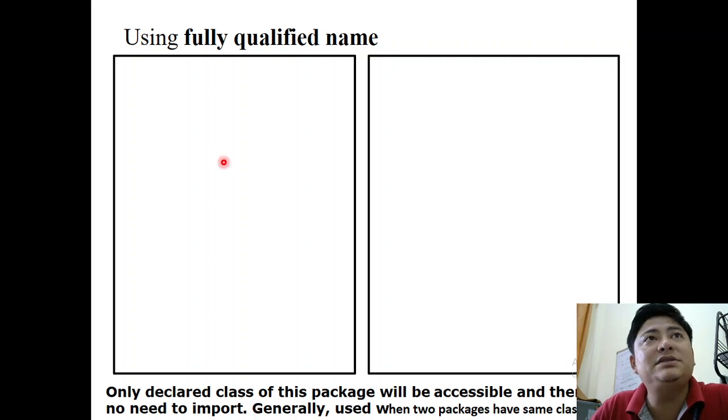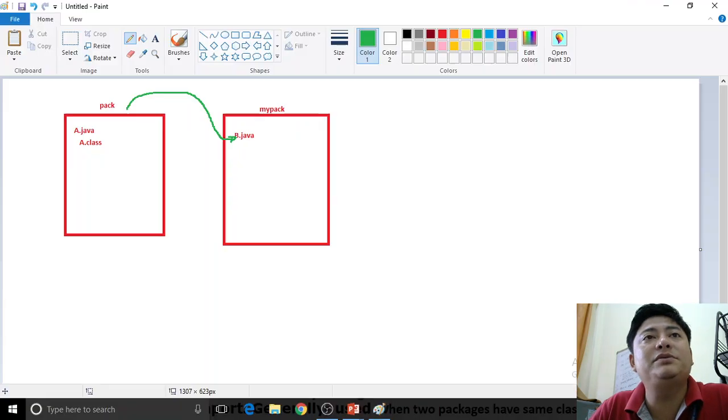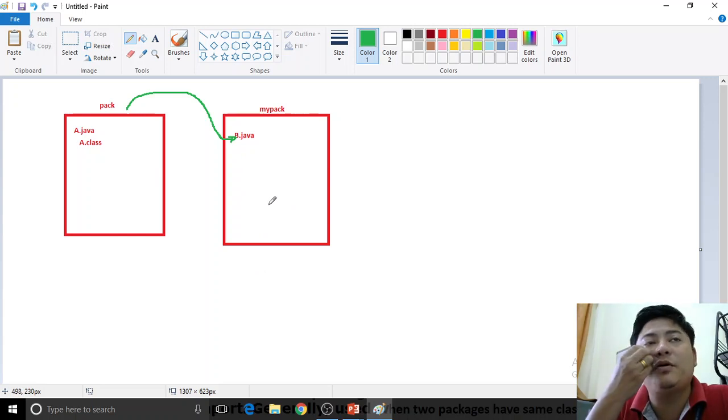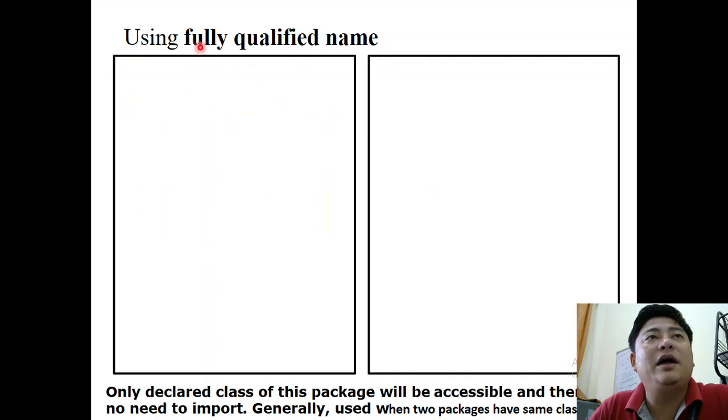This method is generally used in a situation where we have two or more packages with the same class name. Suppose there are two packages, pack and mypack, and there is some class file with the same name in both. If you import them, it will create a naming collision problem. To avoid that kind of problem, we can use this way of importing the package.